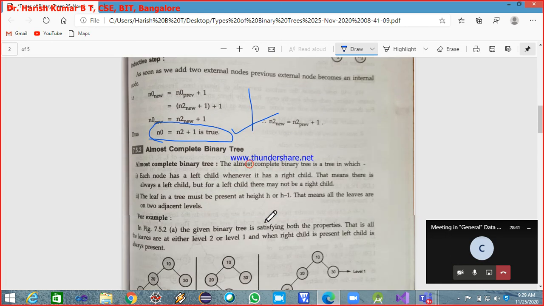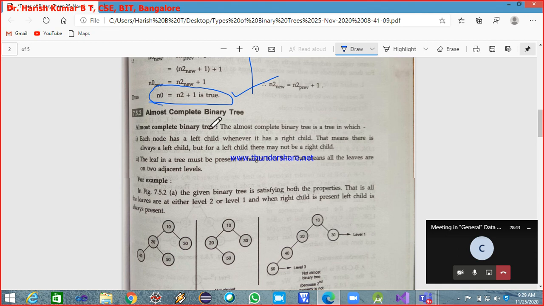Now the other type, the almost complete binary tree. This is another type. What is this almost complete binary tree? It is very close to a complete binary tree, but it is not completely a complete binary tree. When I say an almost complete binary tree, it has to satisfy these two constraints.